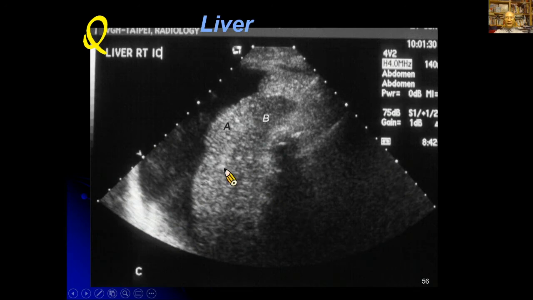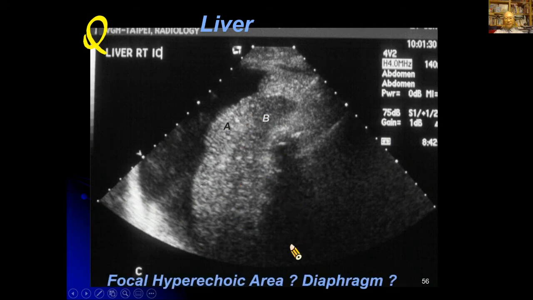And here you can see something wrong with the liver. It's bright here, it's dark here. Is the hyperechoic area focal pathology? No, that's because fluid, ascites, enhanced the liver here. How about the diaphragm here?